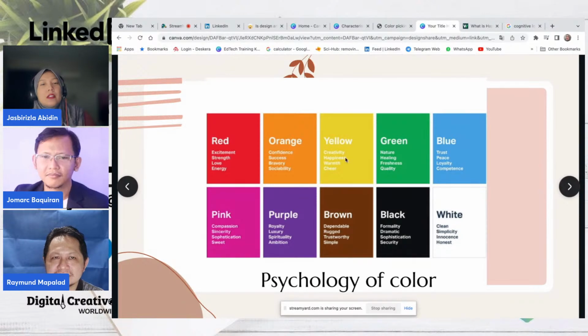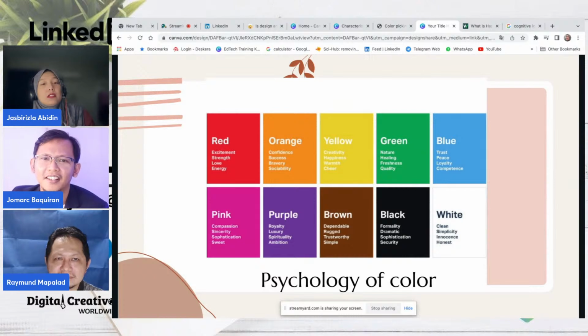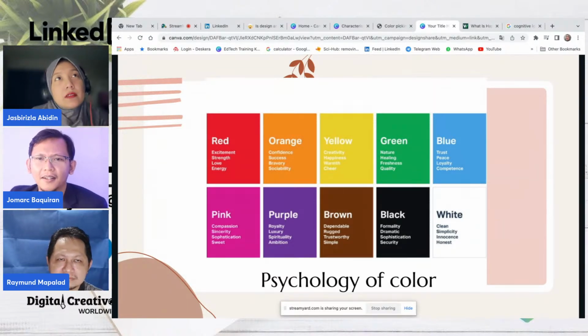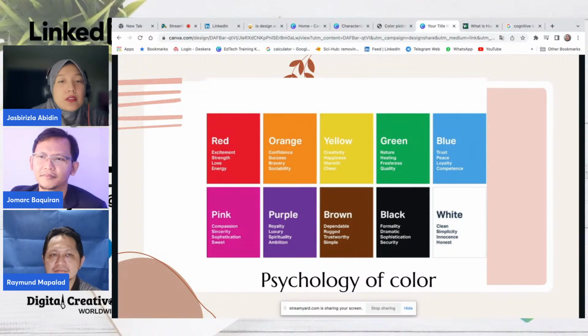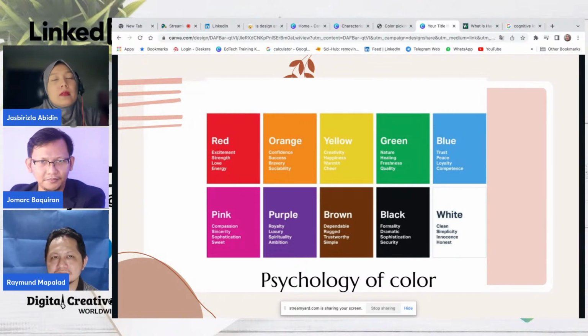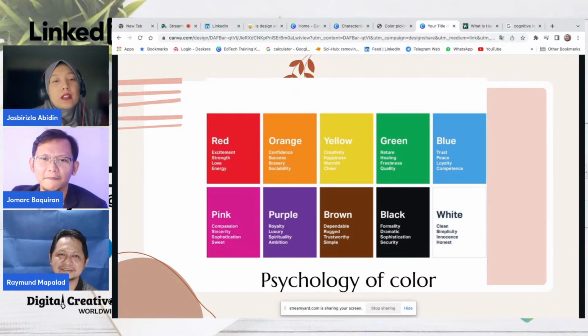So this is the psychology of color. Part and parcel of the psychology of color is science, right? So it is science based research. So people do research and then realize that all these colors evoke some kind of emotions to a human being.